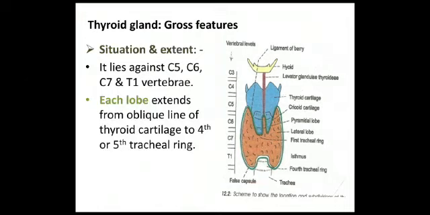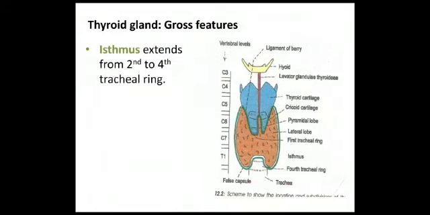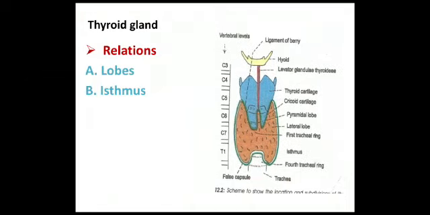Each lobe extends from the oblique line of thyroid cartilage up to the fourth or fifth tracheal rings. The isthmus extends from the second to fourth tracheal rings. So you can again see both the lobes as well as the isthmus.